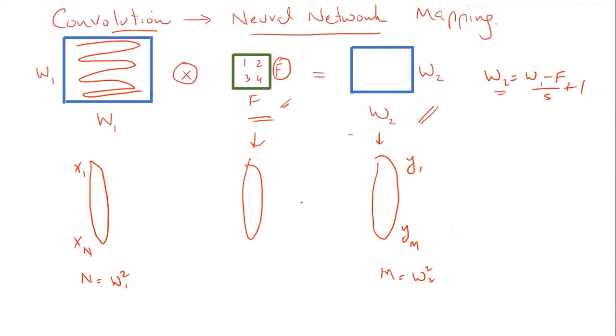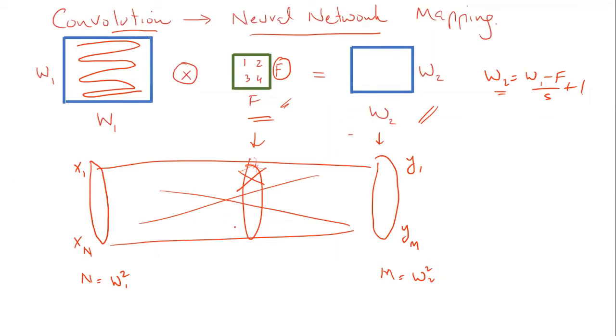What about the filters? How do the filters come into the neural network? We talked about it earlier, right? So this could be a fully connected neural network, right? This is not there in the middle.